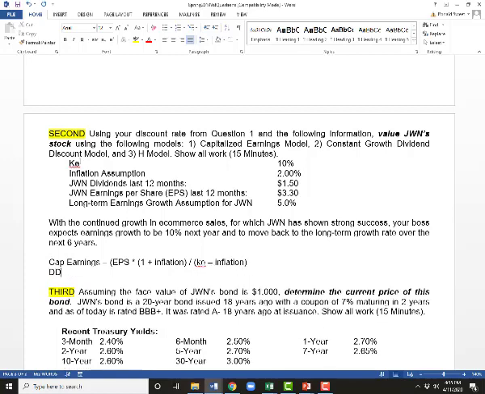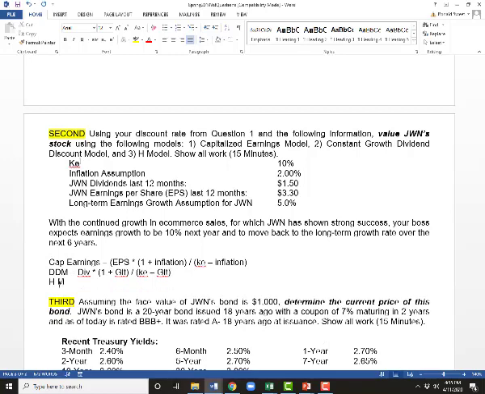Remember the dividend discount model is dividend 0 times 1 plus long-term growth divided by KE minus long-term growth.